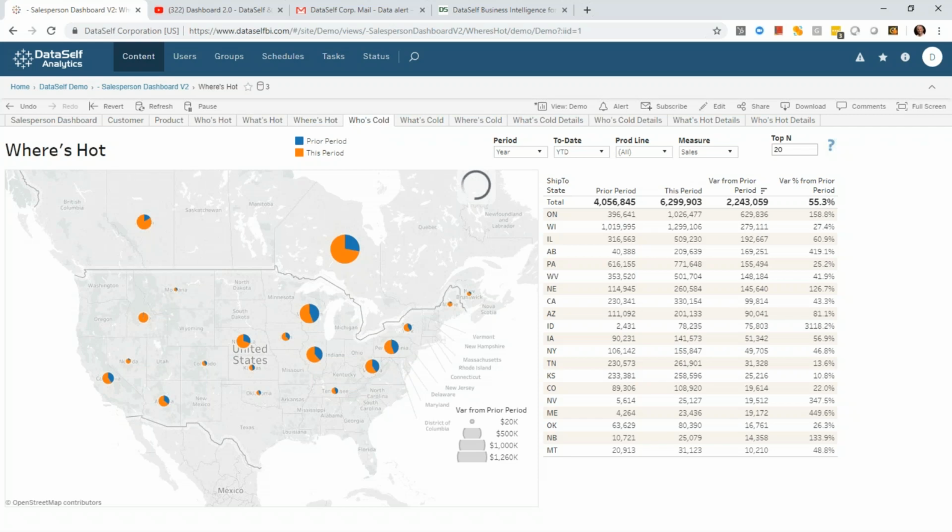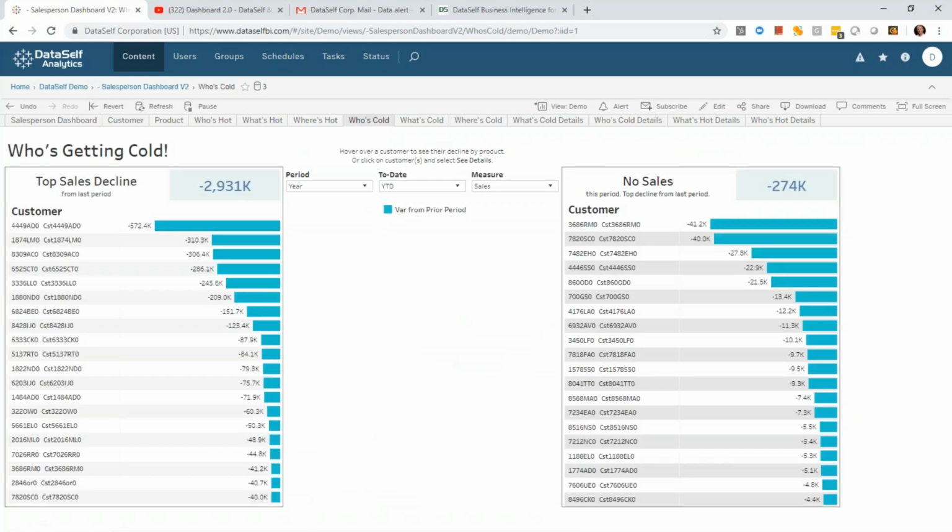Now we have the opposite side of the growth curve, the getting cold performers. And the idea here, from a customer standpoint, is who's declining the most in sales since last period, right? In this case, we're looking at last year to date versus this year to date, and who's declining the most. And the question here is, why?